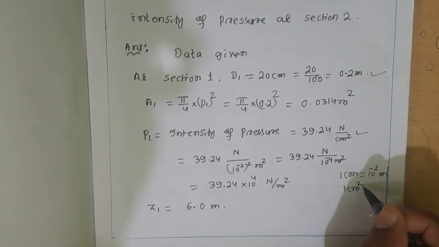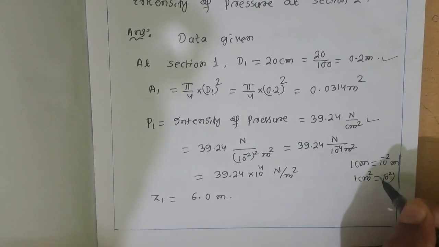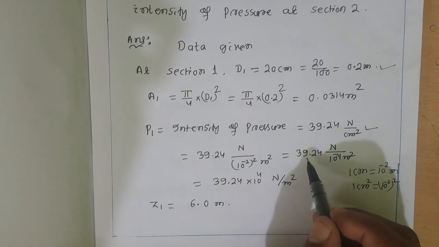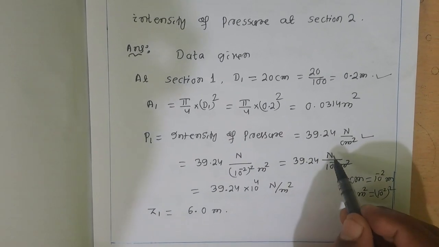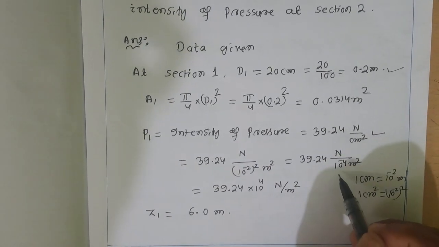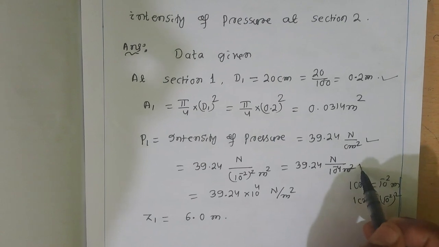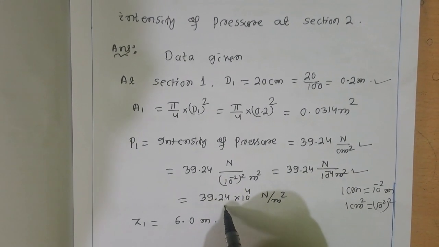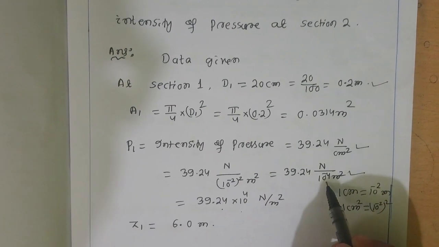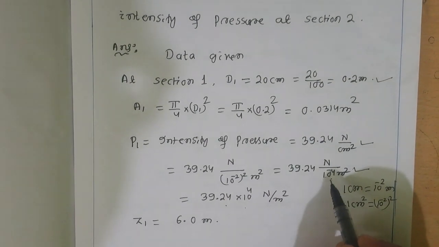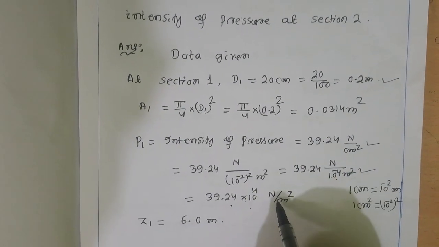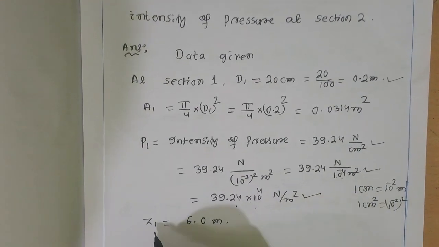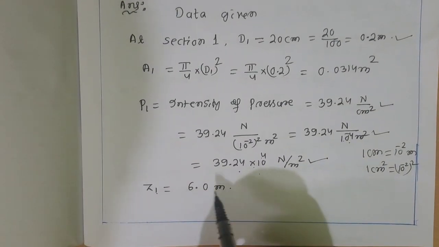So 1 centimeter square is 10 to the minus 4 meter square, or we can write 39.24 into 10 to the 4 Newton per meter square. Z1 is equal to 6 meter.